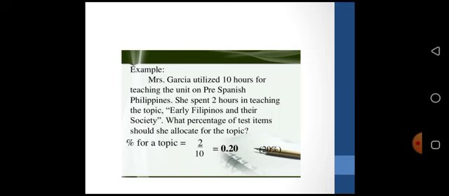She spent 2 hours in teaching the topic on the Philippines and their society. What percentage of test items should be allocated for the topic? Percentage will be equal to 2 over 10, which is equal to 0.2 or 20%.